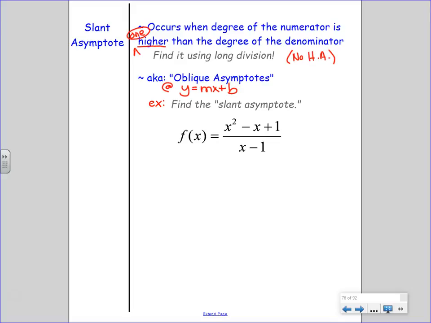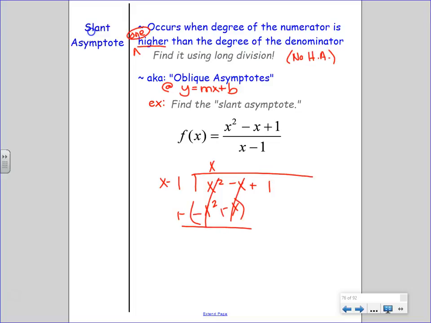How do we find the slant asymptote? Long division. And long division says, okay, you know what to do, so do it. And we're like, all right. We won't kill any seals because we're better than that. There's a remainder? Yeah.